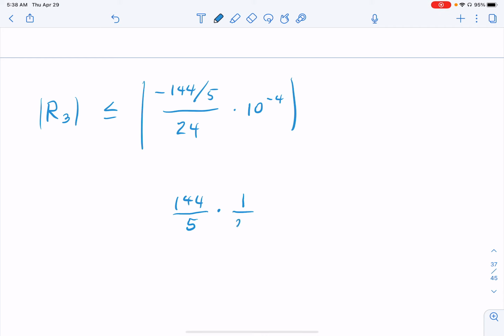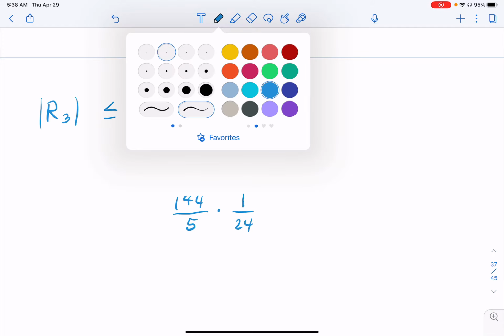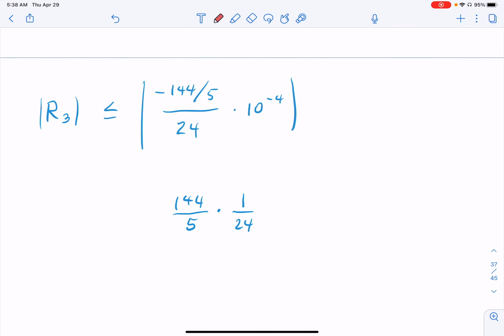I do know for a fact that 12 goes into both of these, right? So 144 divided by 12 is going to go in there 12 times, and then 24 divided by 12 is exactly 2 times. But that means 24 could have gone in there, so if I divide the 2 in there, we get a 6. So what value do we have so far?